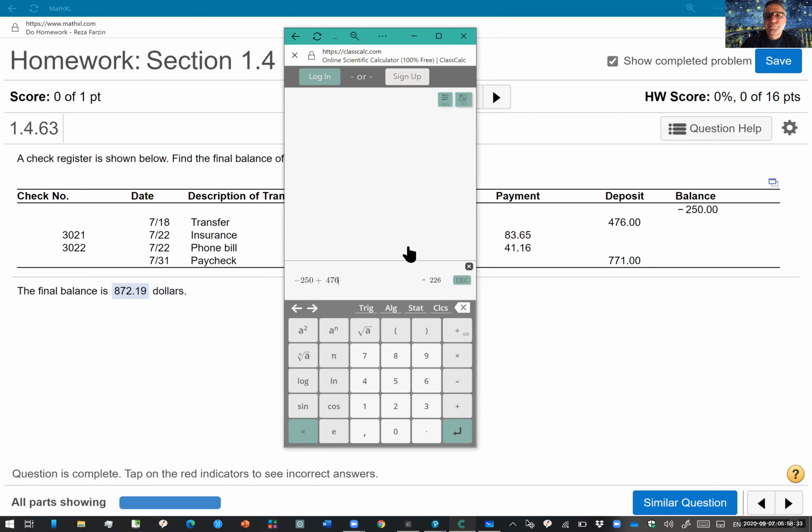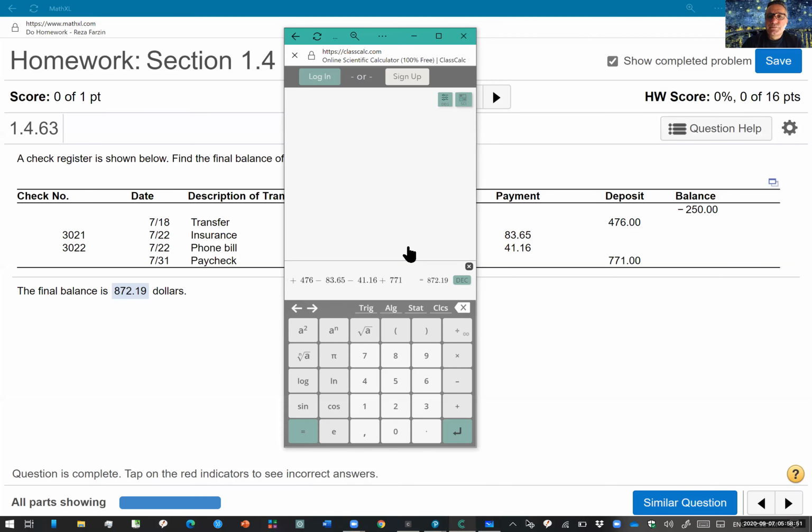And then? Subtract 8365. And okay, subtract 4116. And okay, add 771.